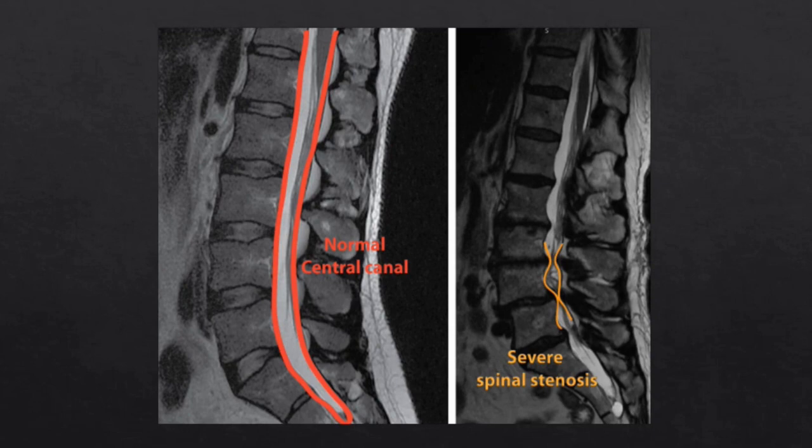In this case, you're squeezing the entire spinal canal, so the symptoms are more broad, they are in both legs, and they are relieved by rest and worse with walking.